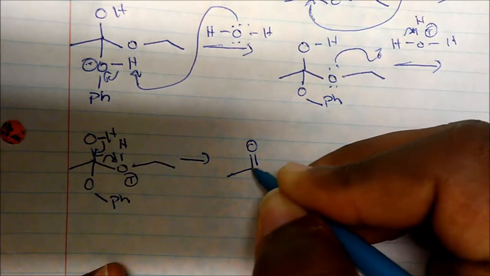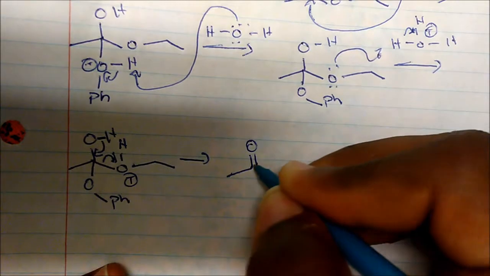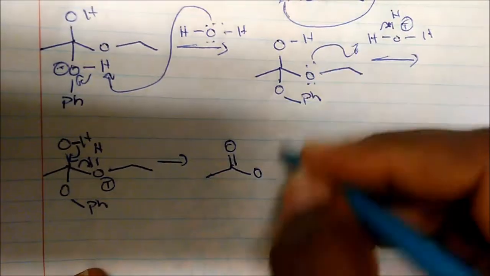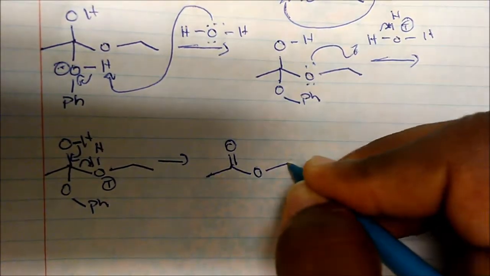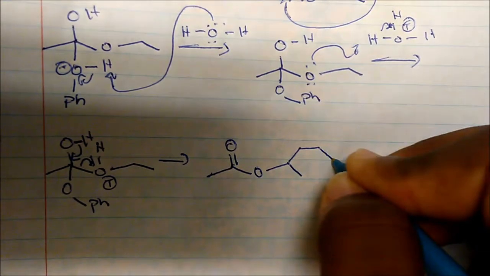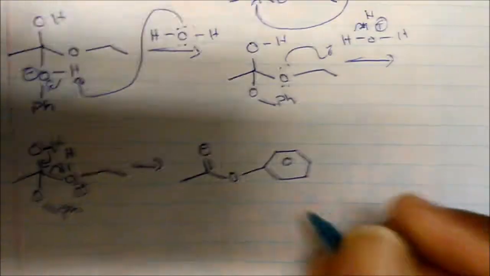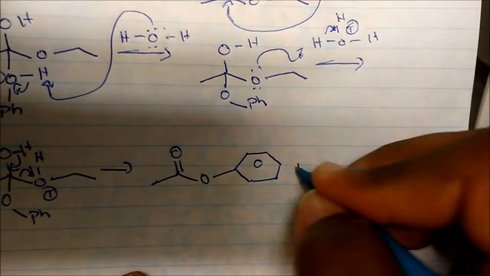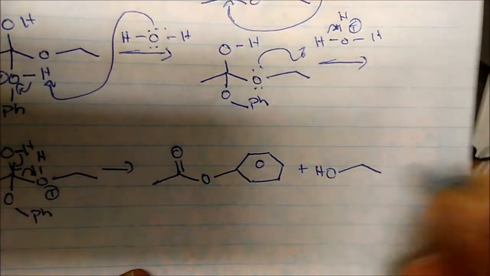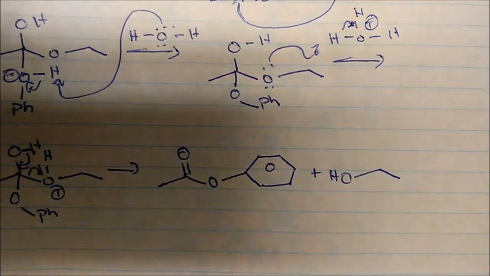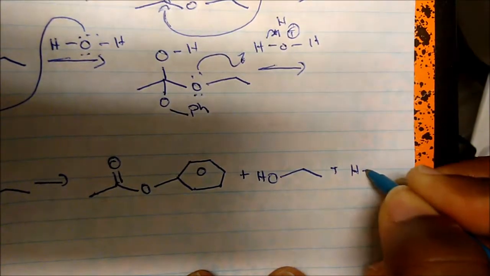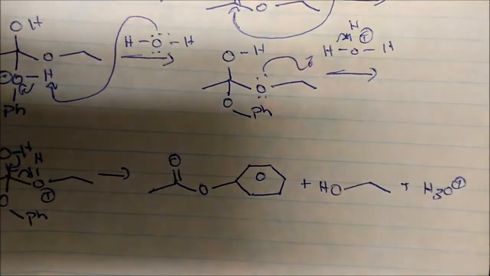We have our ketone, this carbonyl group that's now bonded to the oxygen that has the Ph group, which is the benzene ring. So we come to a structure like this plus ethanol, plus again we have acid in solution.